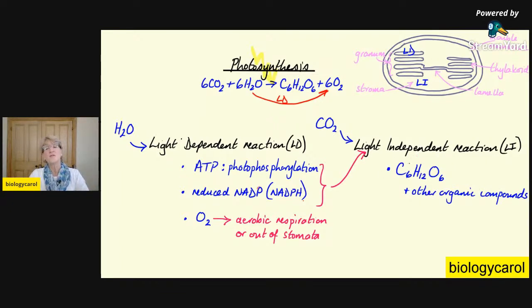And the triose phosphate goes on to make glucose and other organic compounds. Very crudely, this is the light independent reaction from your GCSE equation.